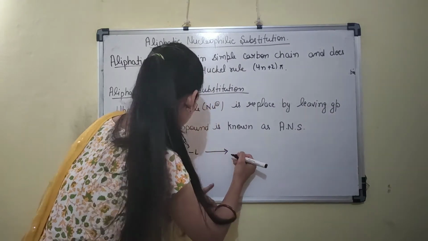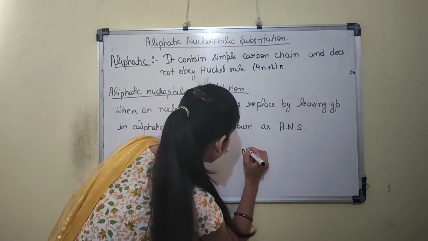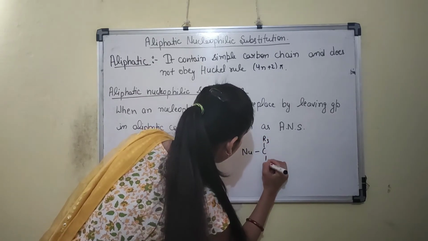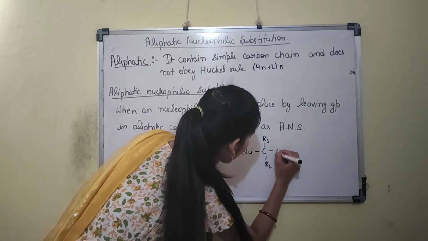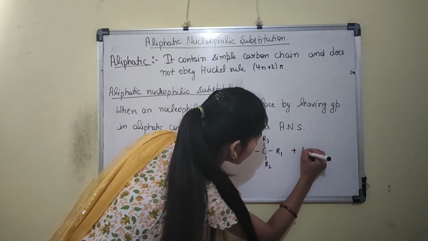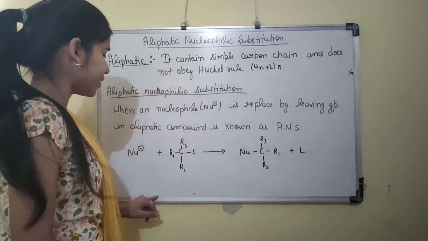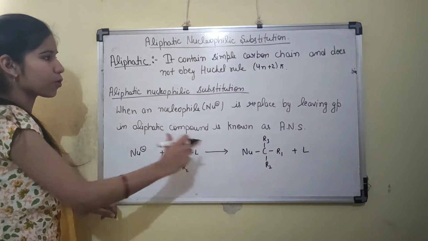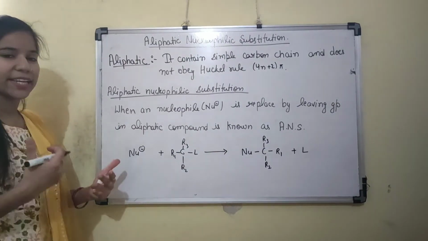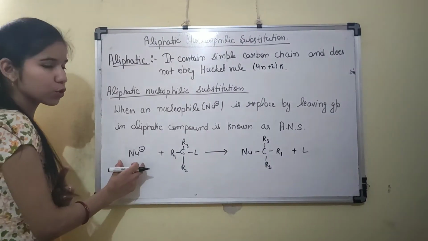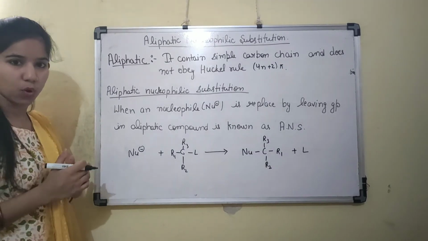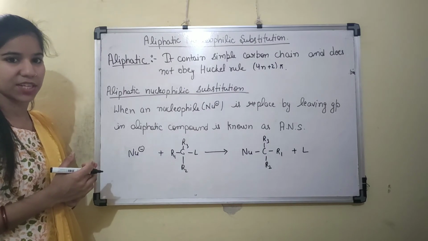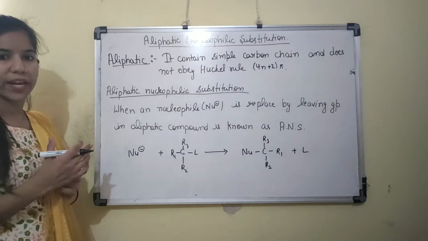So the reaction will be nucleophile plus the substrate with R3, R2 and R1, and this is L, that is the leaving group. In general, this reaction is followed, and in any reaction if the nucleophile acts as a solvent, the reaction is known as a solvolysis reaction.